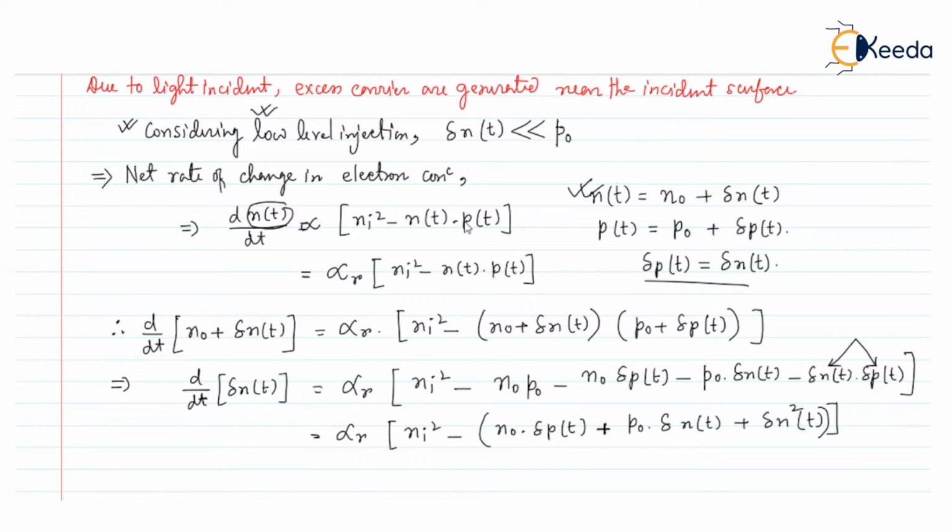So we have put δn²(t). Similarly, in the next step, we can write ni² minus n0 δn(t) plus p0 δn(t) plus δn²(t). So this is the equation of rate of change of excess carriers.